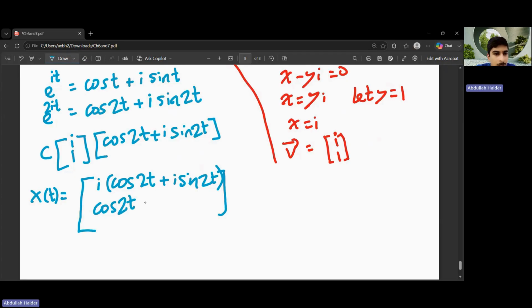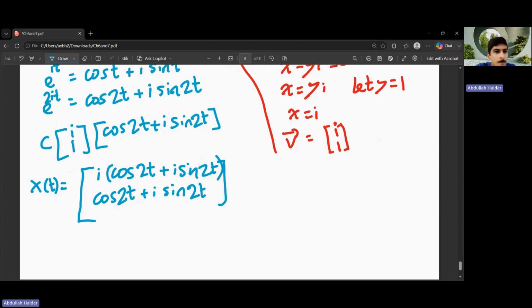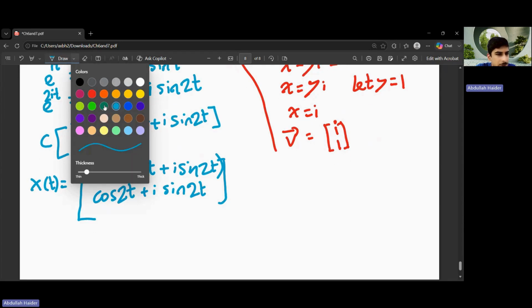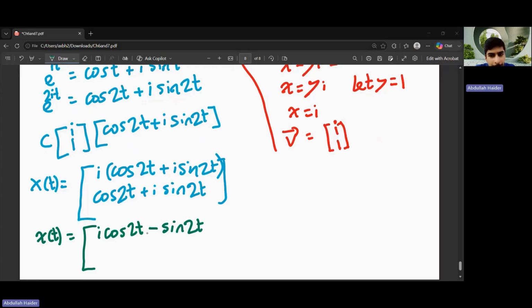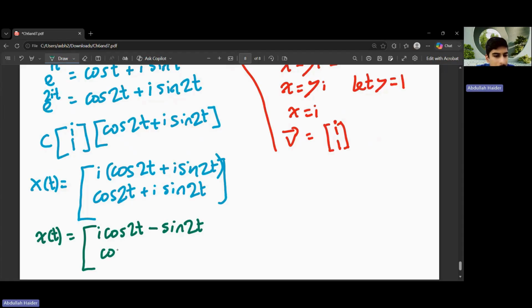If I expand the i towards the inside, I get x of t is i cosine 2t, and i times i becomes minus 1, so minus sine 2t, and the bottom part stays the same: cosine 2t plus i sine 2t.